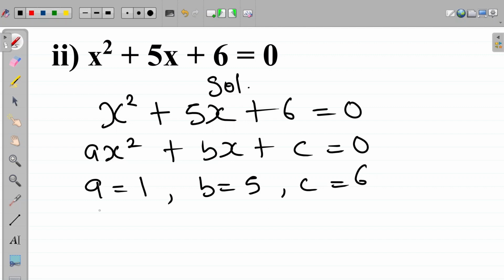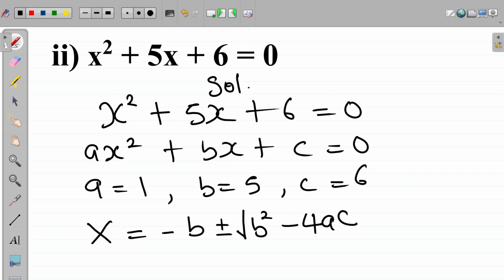Now, from our formula, we have that x is equal to minus b plus or minus the root of b squared minus 4ac, divided all through by 2a.